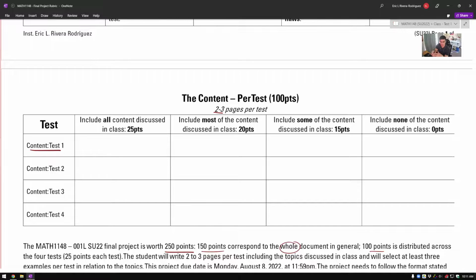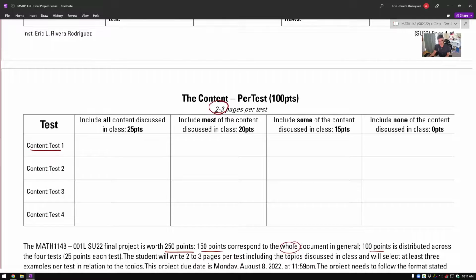So you are going to go to the draft and edit it. You're going to erase all those topics that we didn't discuss in class, and just focus on the ones that were discussed in class.